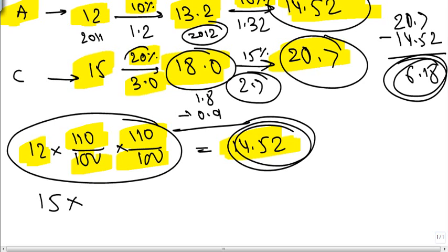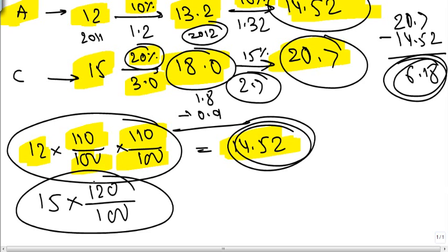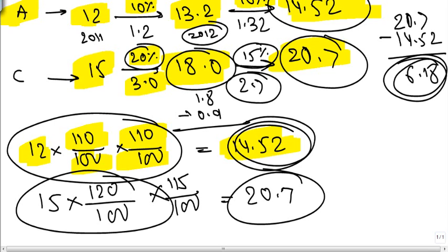C started with 15, first year increased by 20%, next year increased by 15%. Solve it, calculations I don't need to teach you here, it will be 20.7.